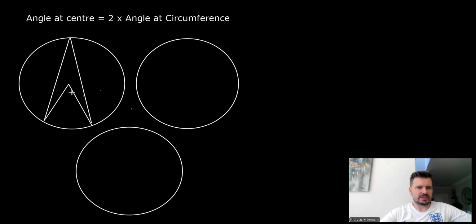When you see this arrow shape, then you know that the angle at the center is equal to 2 times the angle at the circumference. So we have the arrow shape, there's the center. If the angle at the circumference is x, then the angle at the center is 2x.